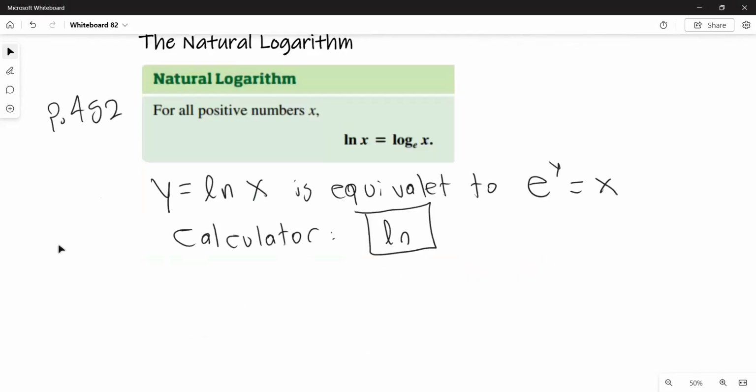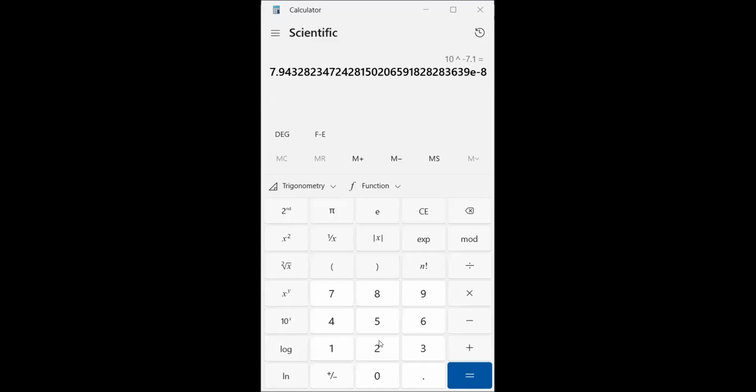So by the inverse properties, the natural logarithm of e raised to the third power is going to be 3. The natural logarithm of 287 is going to be what? We have this button ln, so that's going to be natural logarithm of 287.